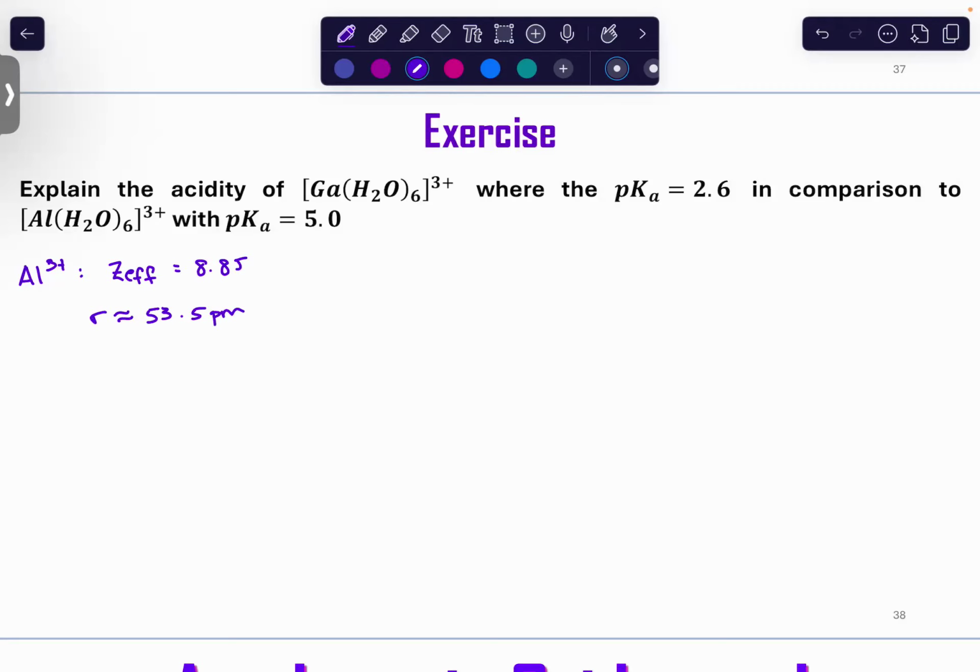Okay. So let's look at the gallium one. We see a pKa of 2.6, so we know that that's a stronger acid. Then let's see what the numbers here are. Well, for gallium 3+, we get argon as the noble gas configuration.